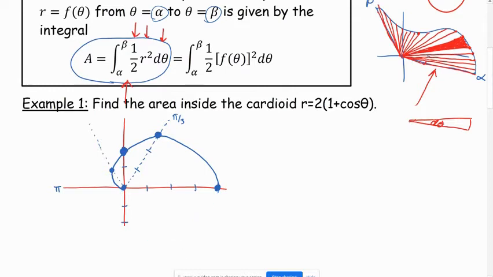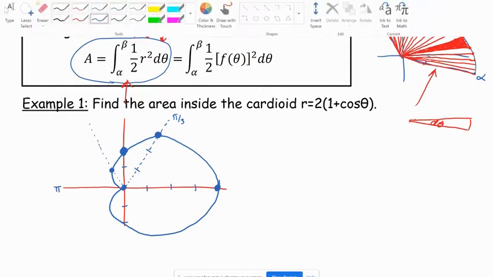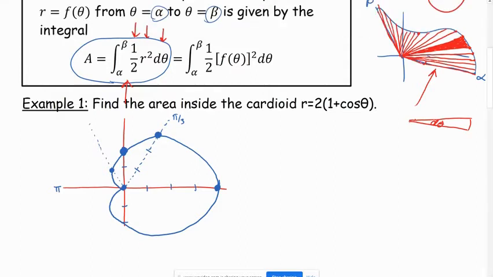Not doing a very good job of that. And so now if we wanted the area inside this cardioid, remember the area is going to be swept out by a bunch of radii. And so our first radius is this one right here at 0. Let's just find the area of half the cardioid, and then we will double it.